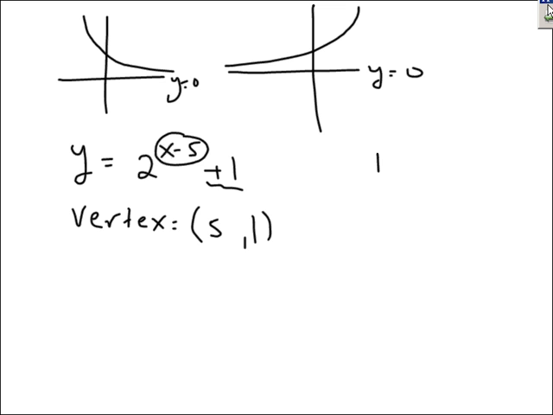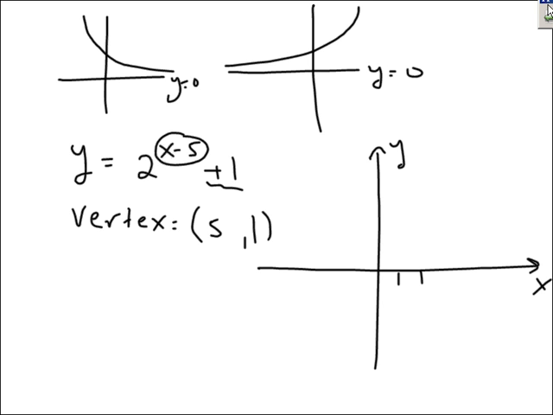That is, our graph is going to behave as if the origin is right here. It's going to behave as if these are the axes. Remember, we're supposed to get closer and closer to the horizontal axis.